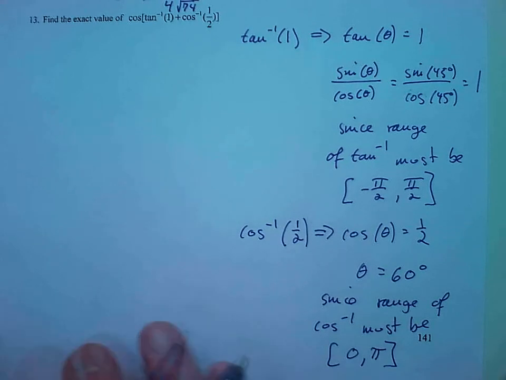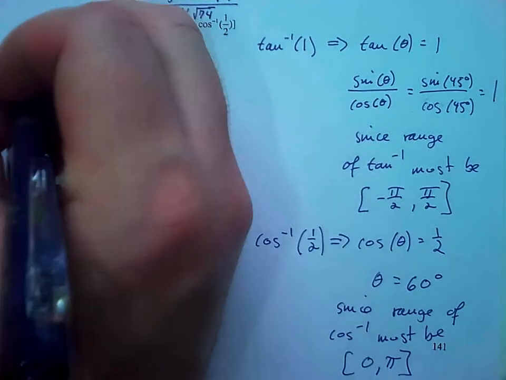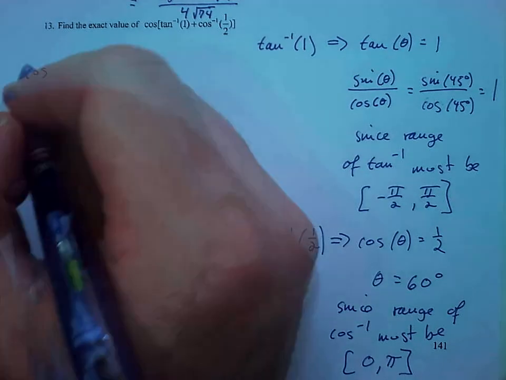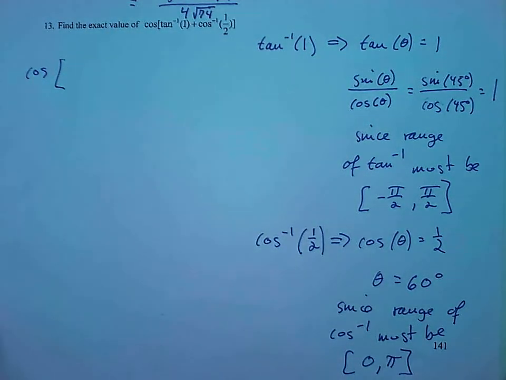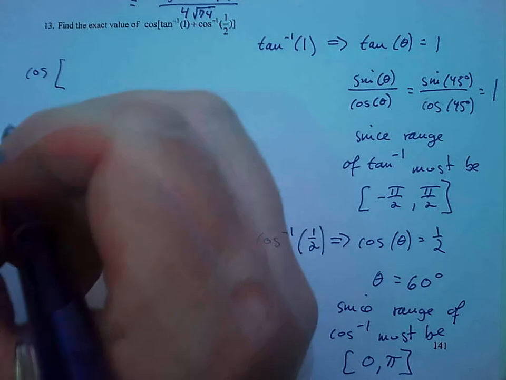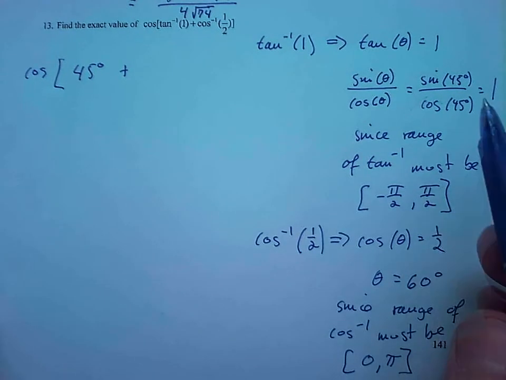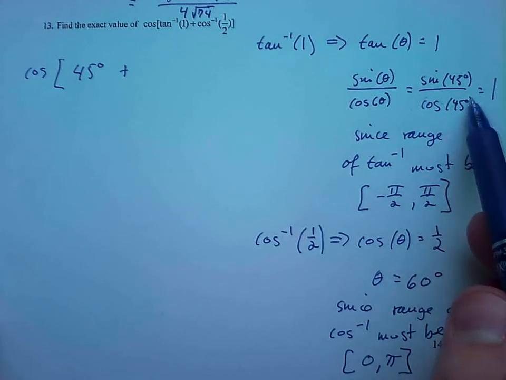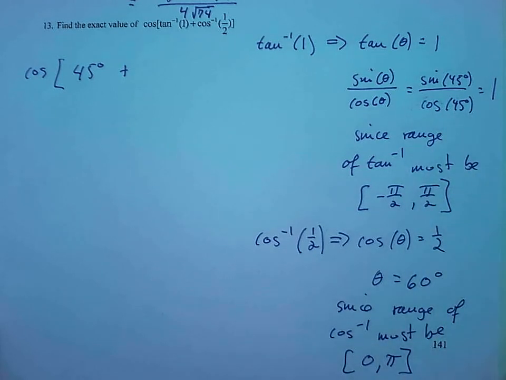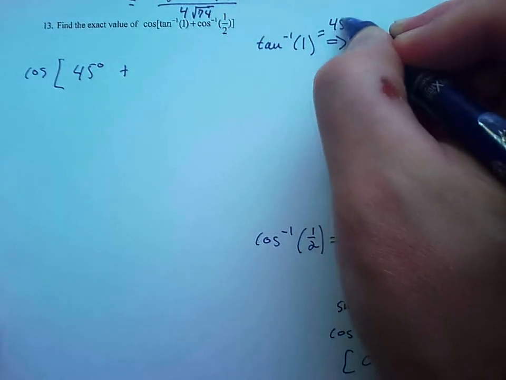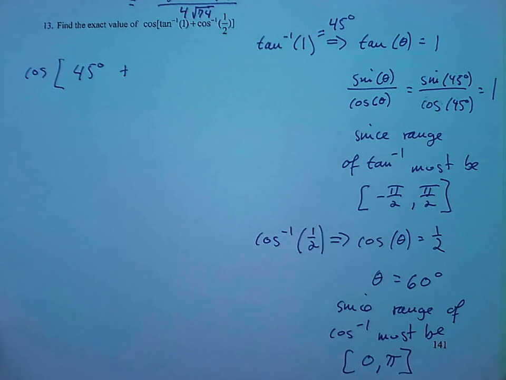So therefore, what this is asking us is to find the cosine of 45 degrees plus, right, that's what we found that theta right here must be, so this is equal to 45 degrees.